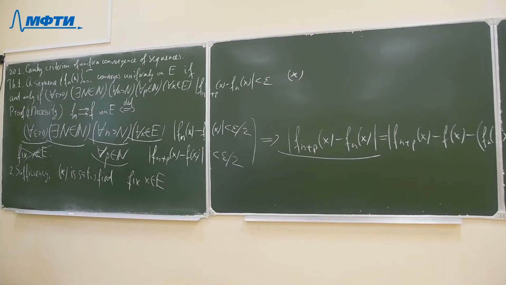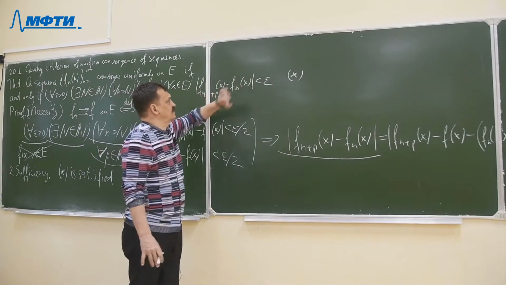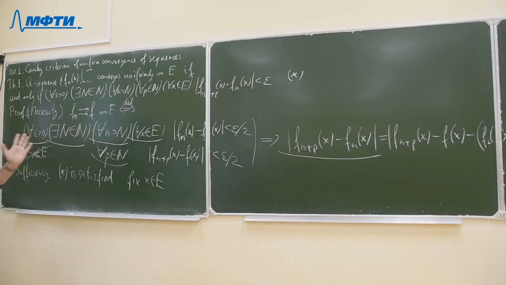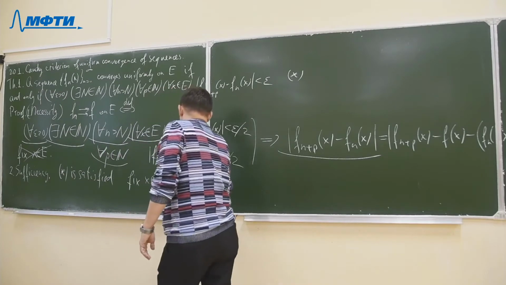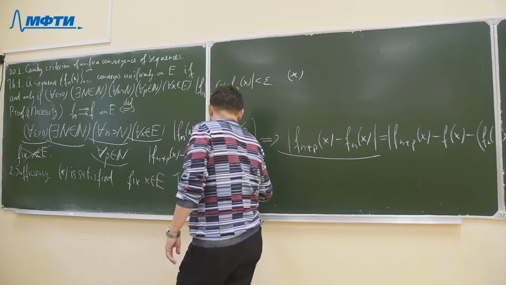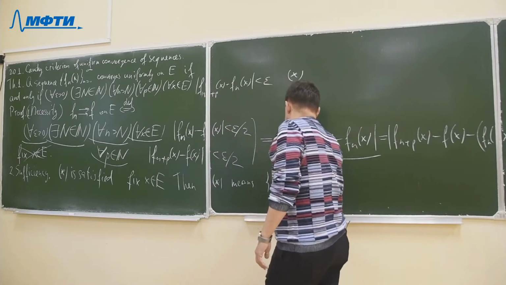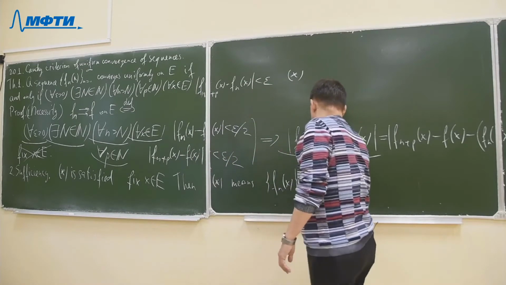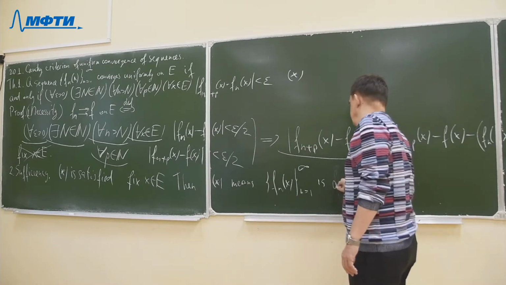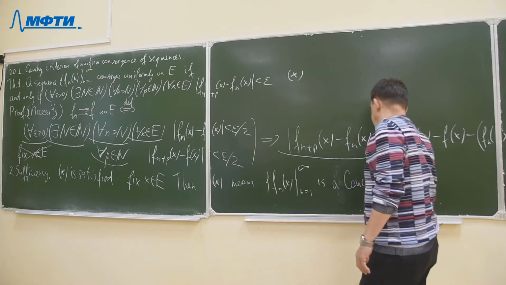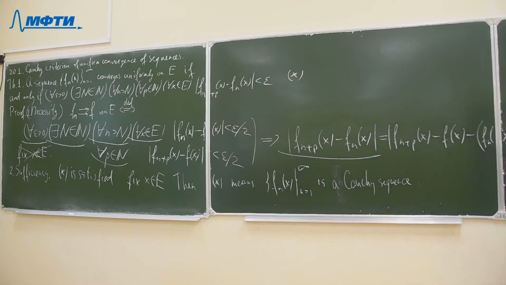So look, we fix this x, then what does star mean? Then star means that the sequence f_n of x is fundamental, or is a Cauchy sequence, right?